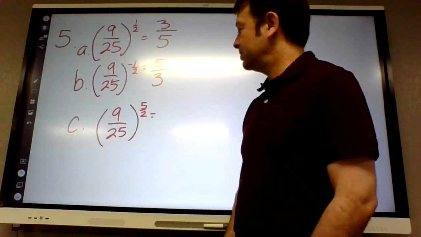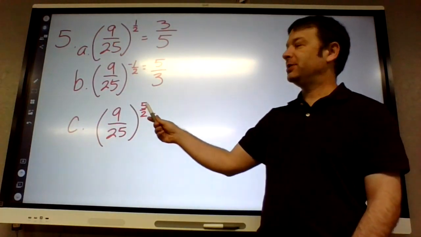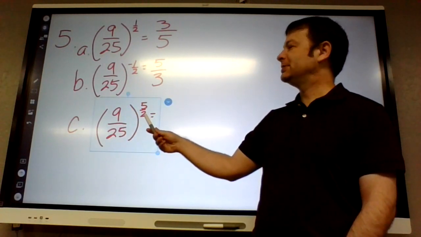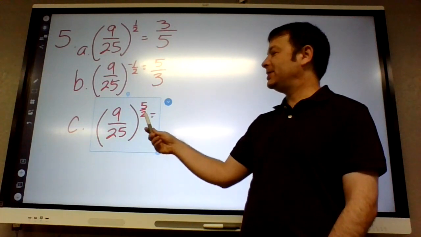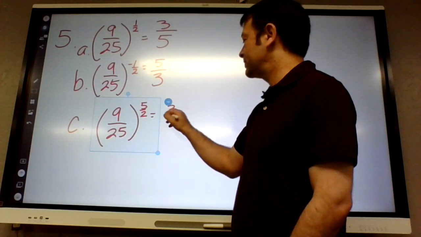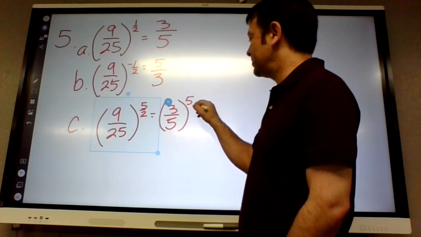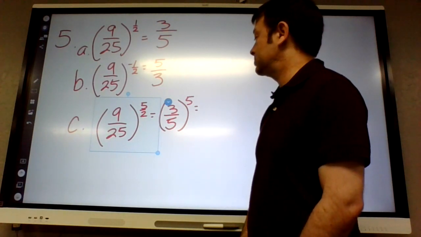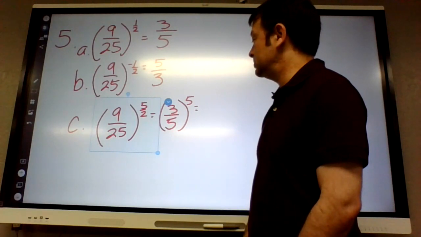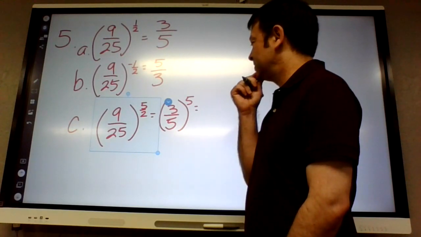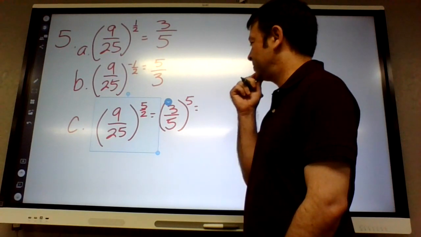Okay. You could take both of these to the 5th power, and then what's the 2 on the bottom mean? Square root. You could then square, but it's easier to square root first. So what's the square root of these? 3/5. Then you take 3/5 to the 5th. That's kind of large. 27 times 9. 180 plus 63.